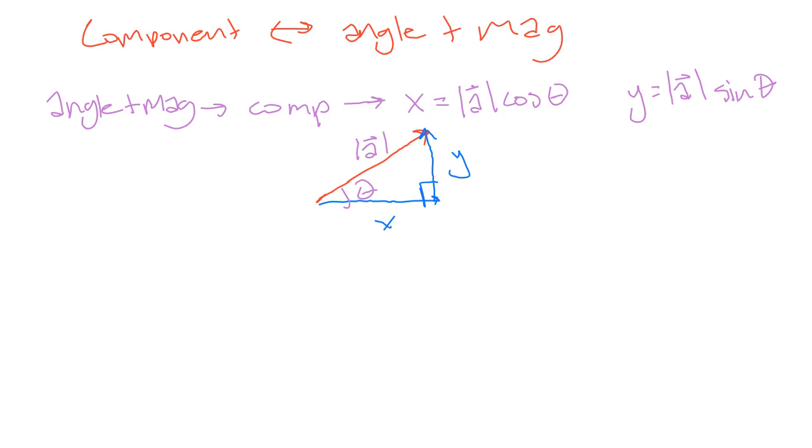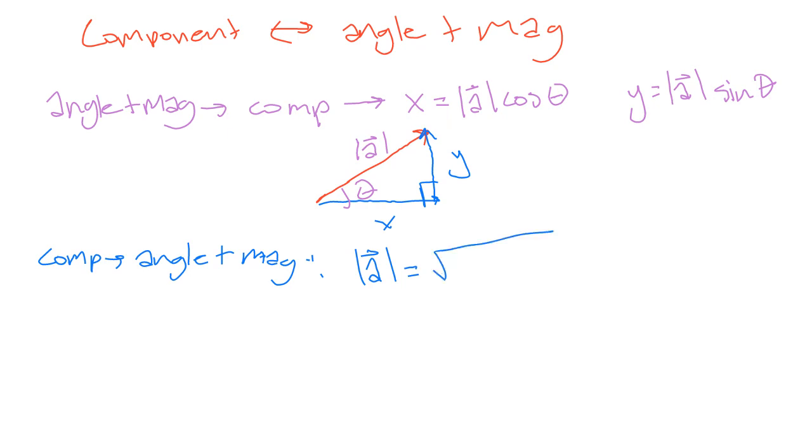Now if you want to go from components to angle and magnitude, that is pretty simple. We've already gone over how to find the magnitude, which is just the square root of x squared plus y squared.